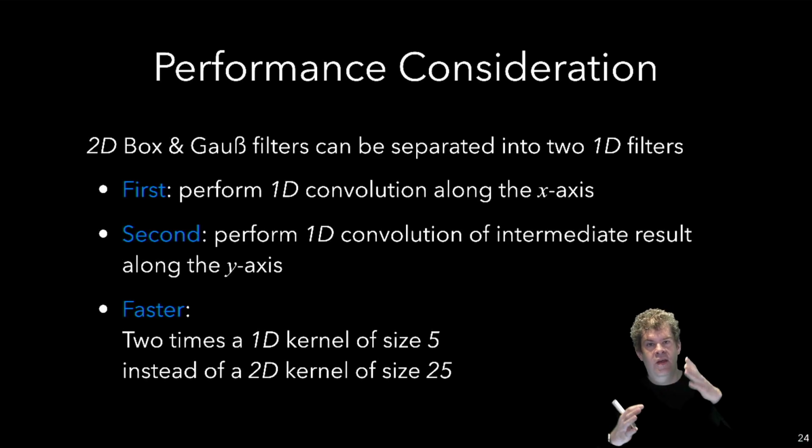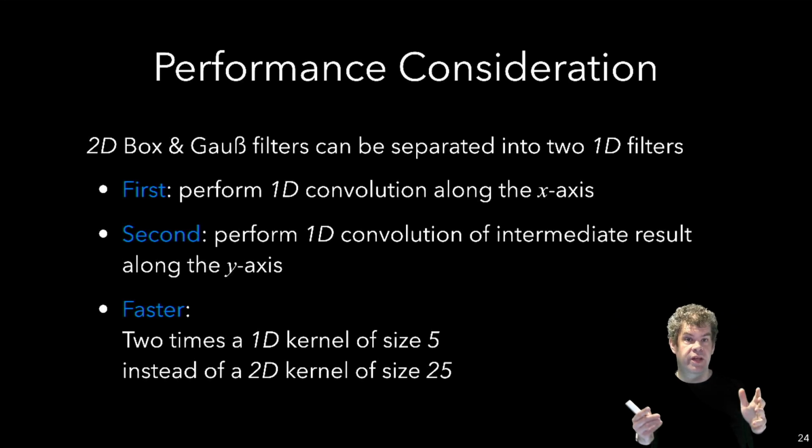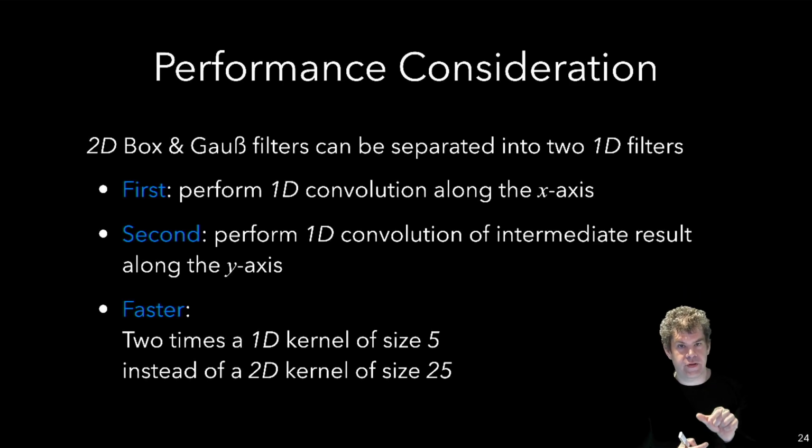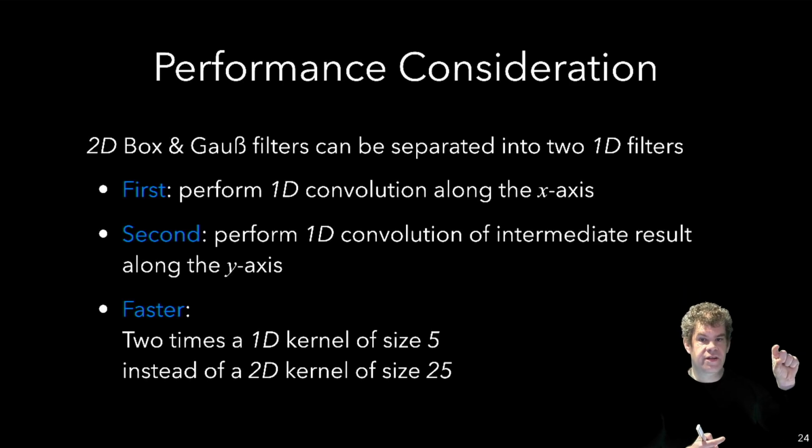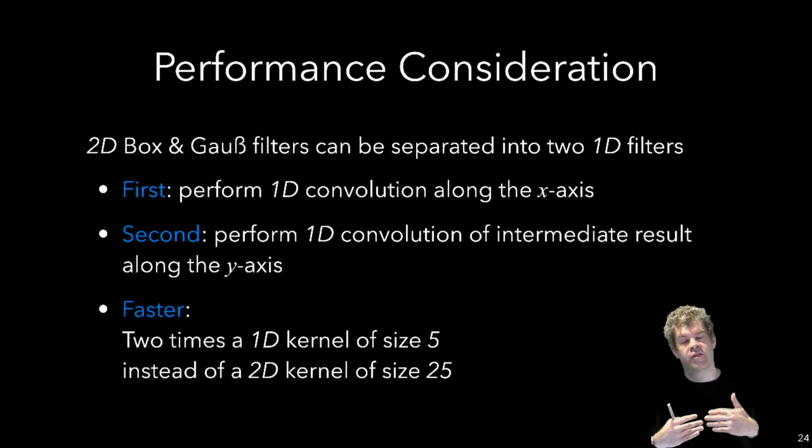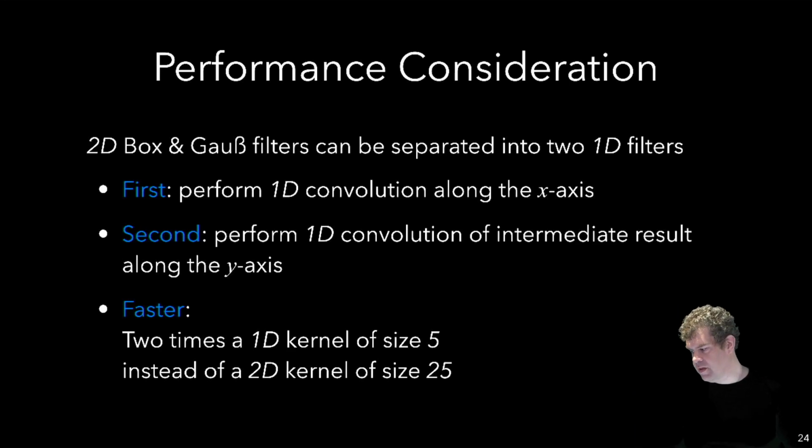Okay, and to speed things up, what you can do is you can just do one filter in 1D. So instead of doing the complete 2D thing with linear separable filters, you can just do one filter in one direction, another filter in the other direction, and execute those one after the other, and you get the same result. Okay, so this is, in particular for large filters, significantly more efficient.